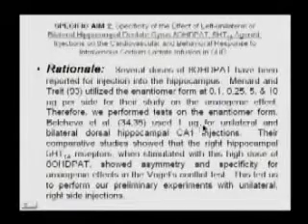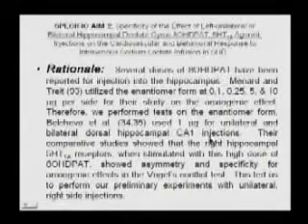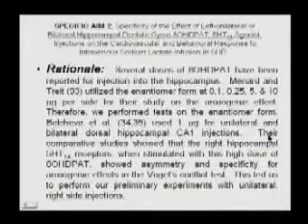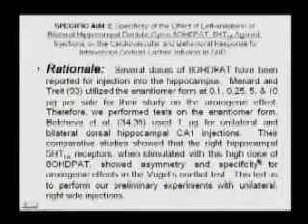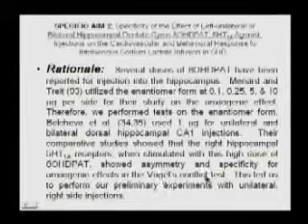Belchiva and his co-workers used 1 microgram for unilateral and bilateral dorsal hippocampal injections. So this is quite high. And their comparative studies showed that the right hippocampal receptors, when stimulated with that high dose of 8-hydroxy-DPAT, showed asymmetry and specificity for anxiogenic effects in the Vogel conflict test.